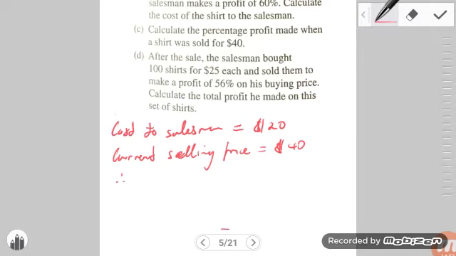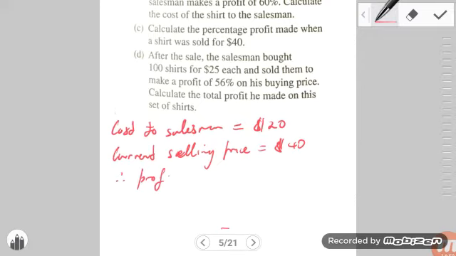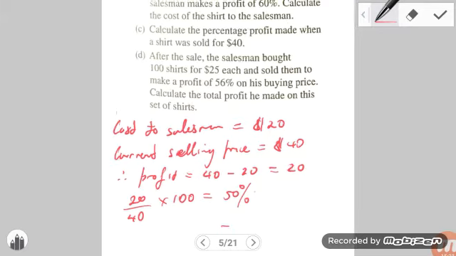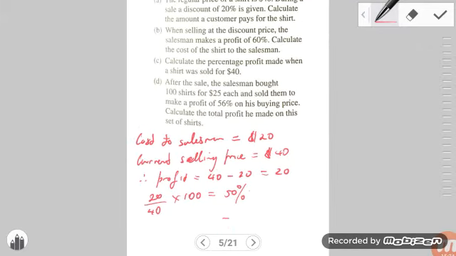Therefore, the profit is equal to what he's selling it for minus what he bought it for, and that's how much he's making. So that's going to be 20 over 40 multiplied by 100, and that's going to be equal to 50%. So selling it at $40, he would have been making 50% profit. Hopefully you guys got that one.